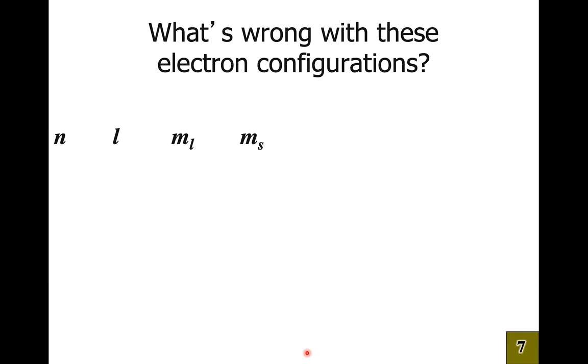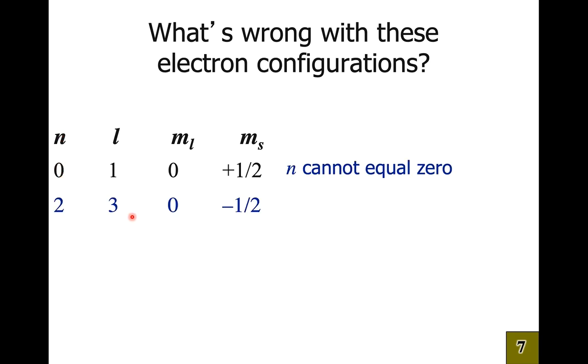Okay, and so this is the kind of thing that you would see on the exam. You'd need to spot the wrong electron configuration, would be one way I could ask the question. All of these have something wrong, and let's see what it is. If I look at this electron configuration, n values start at 1, so n equals 0 is not allowed. And in this one, l can have values up to n minus 1. So 2 minus 1 is 1, and so this l can have values of 0 and 1, but not 3.